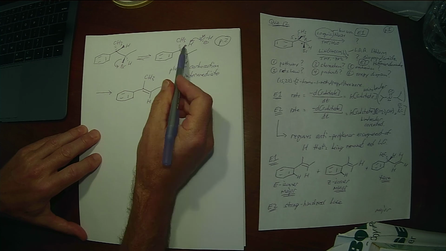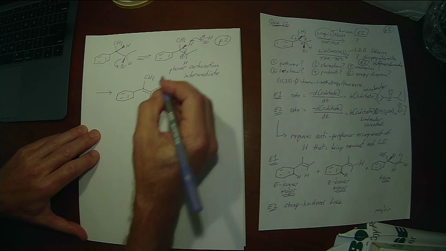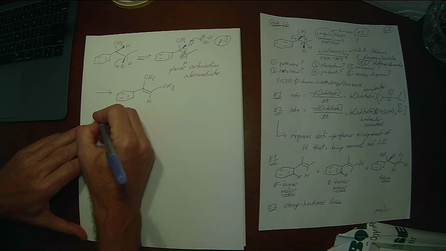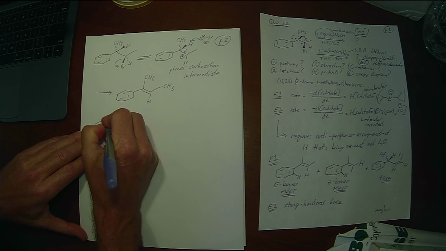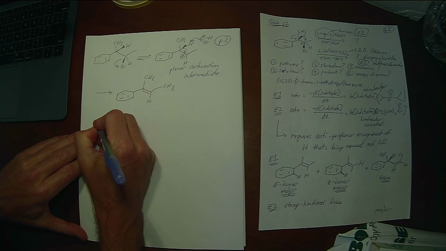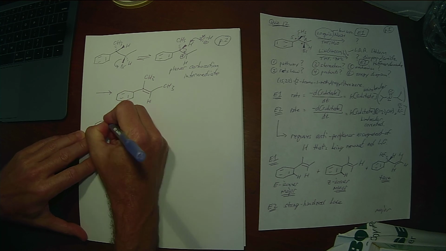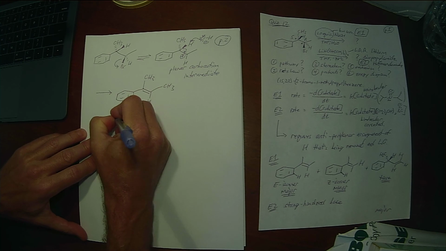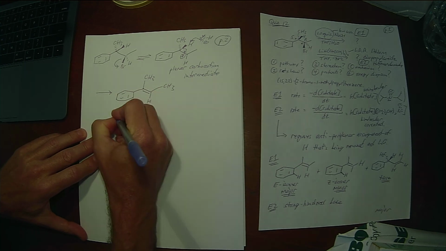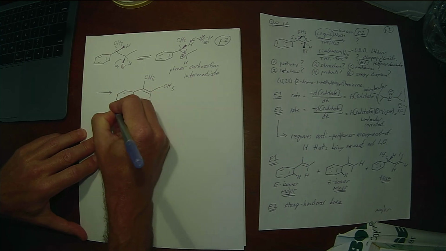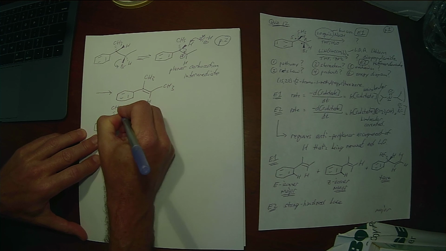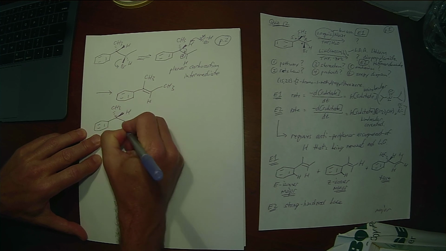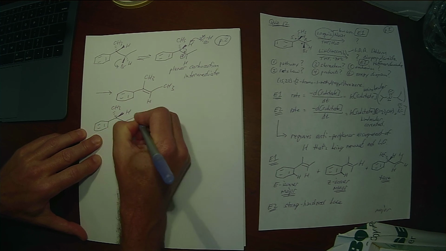But you could also show this rotating around. So if you rotated this 180 degrees, right, you could get the hydrogen on the other side. So we'd have the methyl group down here and the hydrogen up there.